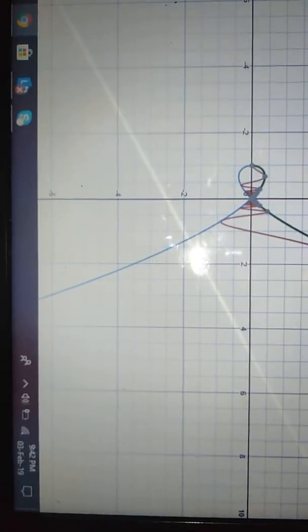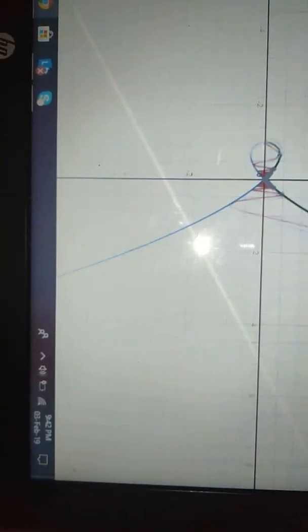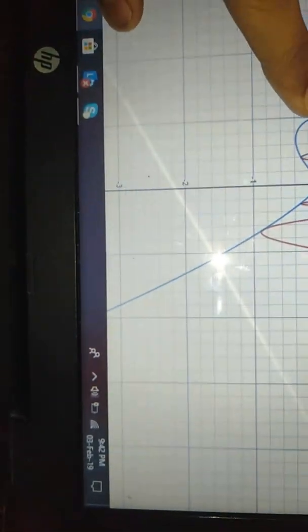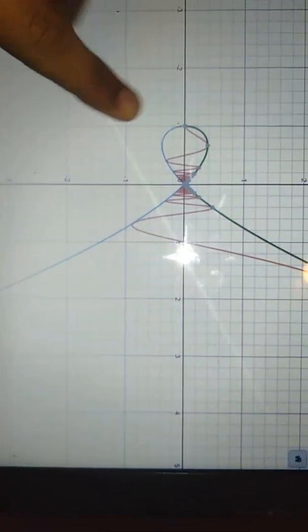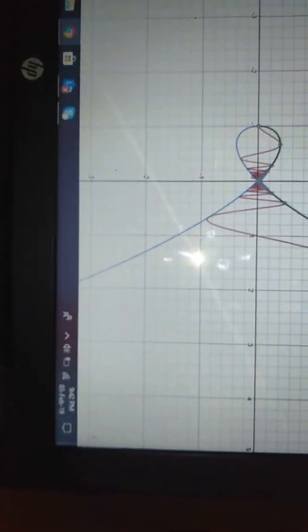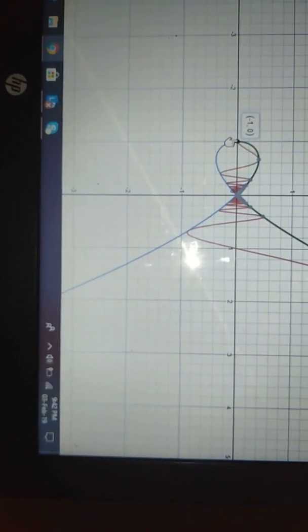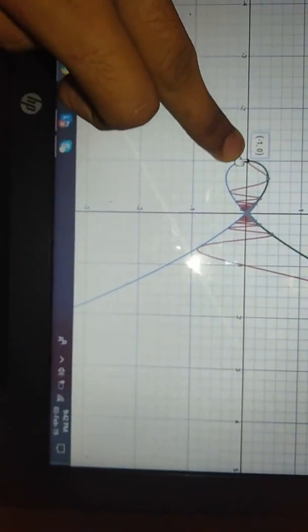And here, from the graph, we see that from x equals minus 1 to infinity, to all the x ahead, this inequality is true.